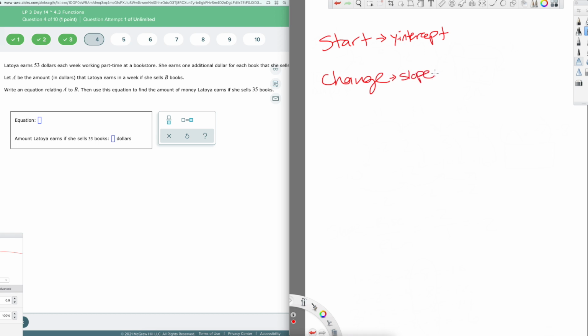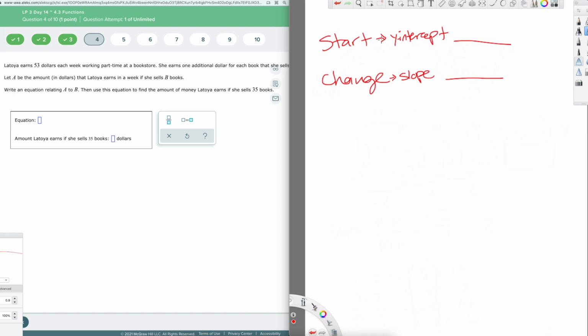When I'm doing this in class, these words are either bolded together or we write them both down in the fill in the blanks. We definitely connect these two. But in a word problem, it's not going to tell you y-intercept and slope. It's not going to use those words. But if you think of where am I starting and how am I changing that amount, am I going up by a certain amount, am I going down by a certain amount, what's my change, those are a little easier to wrap your head around when we're looking at a word problem. So that's why I relate these two words together.